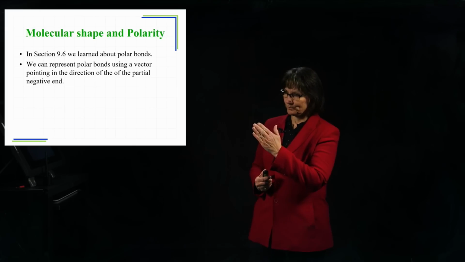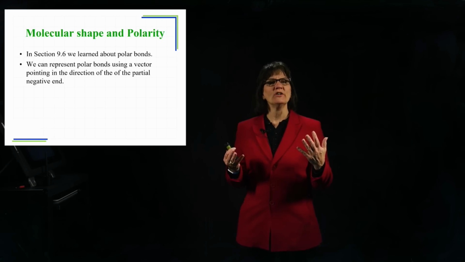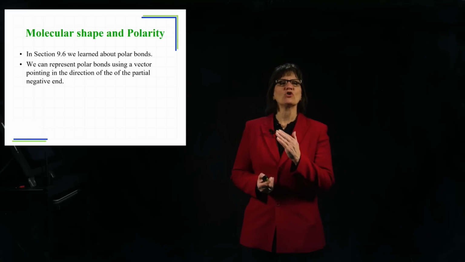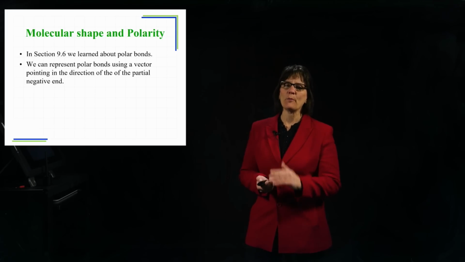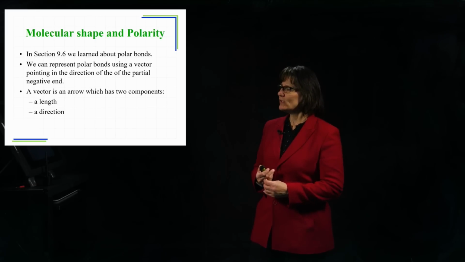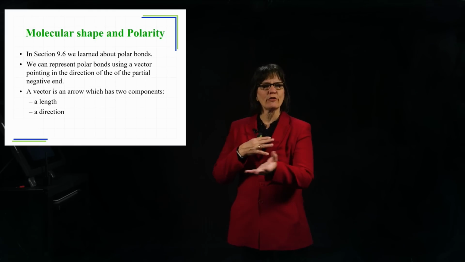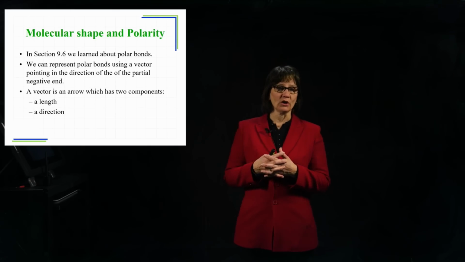Now, what we're going to learn how to do is use a vector. A vector is an arrow and it has a couple of features to it, but this vector is going to be written in such a way that it shows those bond polarities that we learned about in chapter 9. So what does a vector have? It's got two components. It's got a direction, and that direction will be in the three-dimensional world of the shape of that molecule, and it has a certain length.